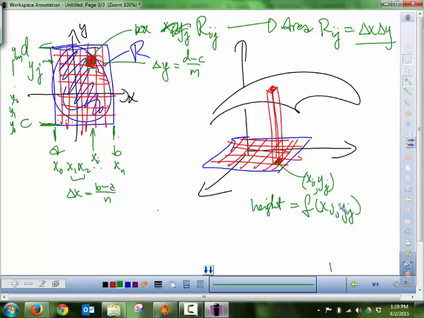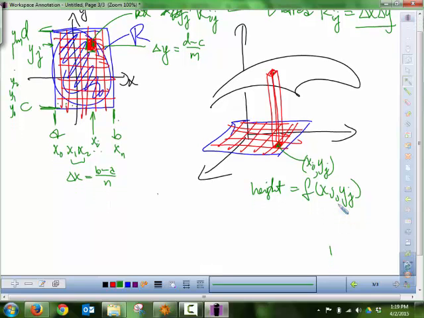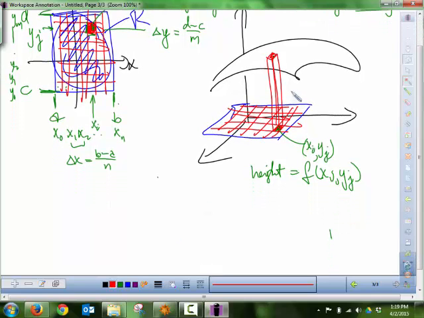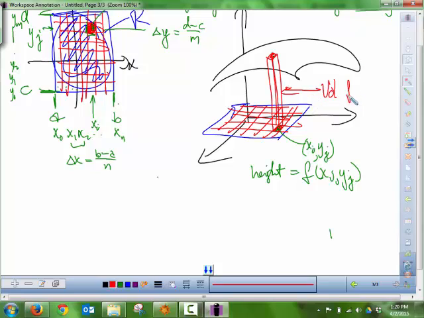So that's it. That's it. So the volume of this one single pillar could be seen as f of x sub i, comma y sub j, delta x, delta y. And now we take that and then add up along the x and along the y.